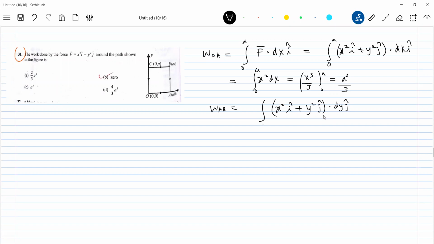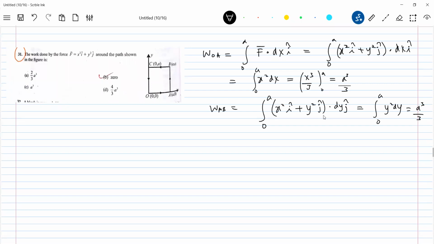So the limit should be 0 to a. What to do with the x? Because j dot i will be 0, it will get eliminated. Or if it did not get eliminated, you should put the value of x as a here, like we did earlier. So this will become y square dy from 0 to a. This will be a cube by 3. Keep it here.